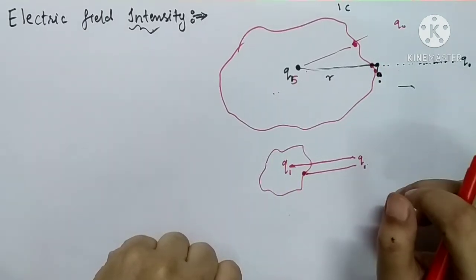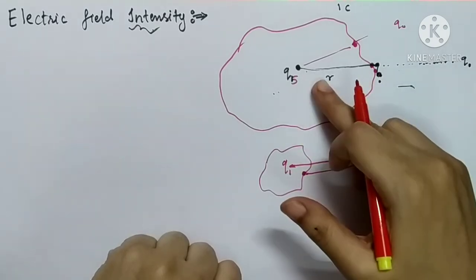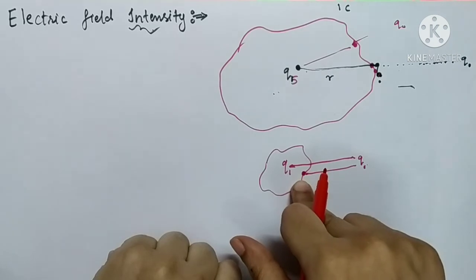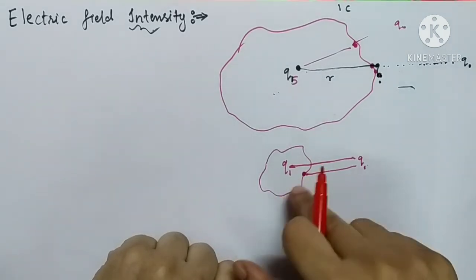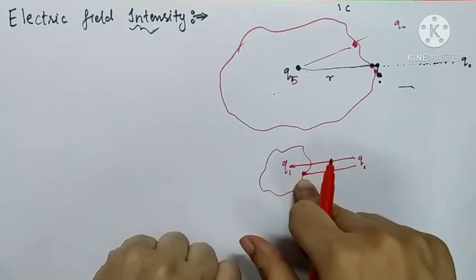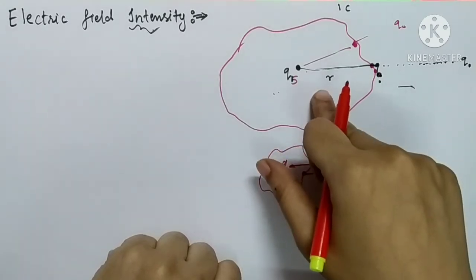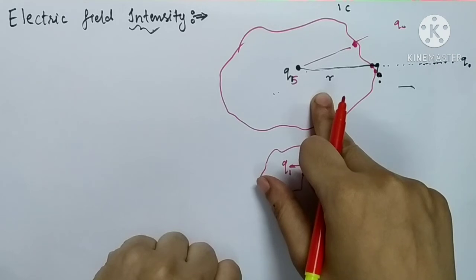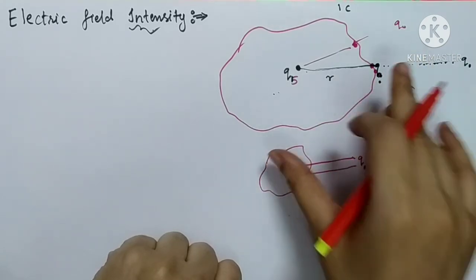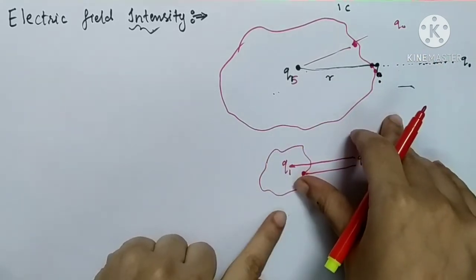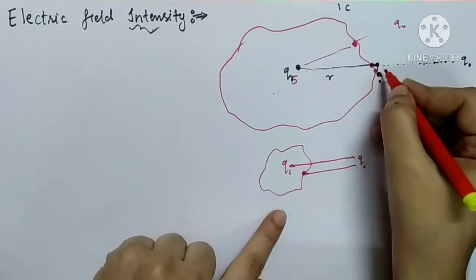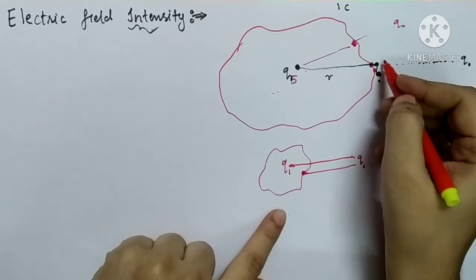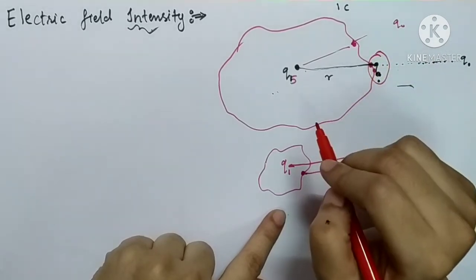So how do you come to know that this electric field is very strong and this one is of very low magnitude, a weak electric field? Obviously, you will come to know it with the force of repulsion. You are actually measuring the force of repulsion experienced by this test charge.